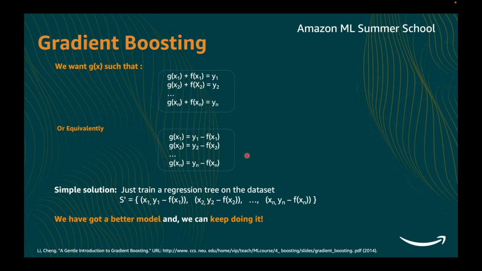When you do f of x plus g of x as your final output, that is actually going to be better than just having f of x. And the great thing about this is that you can create a model on top of this. You can create not just g, but g1, g2, g3, which takes the outputs of the models so far, takes the residuals of that, and learns to predict that.